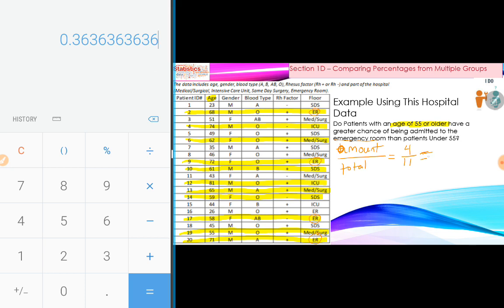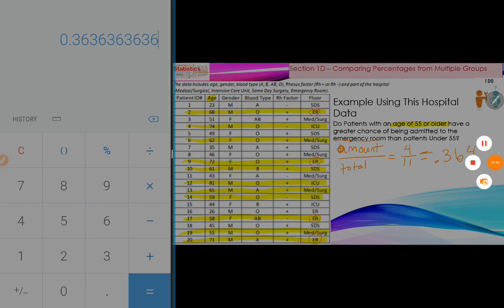And I get 0.36, and I'm going to round it to 0.364. I want 3 significant digits, and that fourth digit of 6 tells me to round up. So I get 0.364.